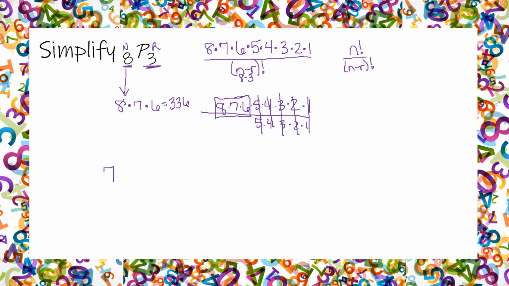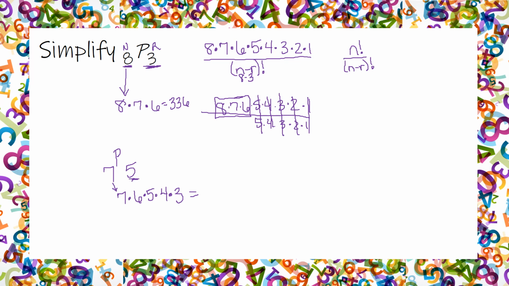Now if I have another one, 7 permutations of 5. Okay, I would do 7, bring that number down, and count down 5 times. So 7, 6, that's 2, 3, 4, 5. I would multiply those out and I would get my answer.